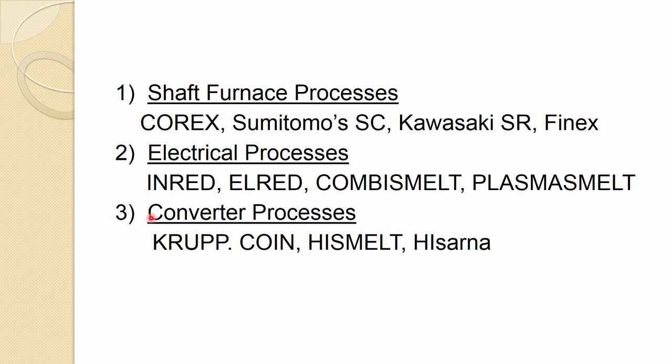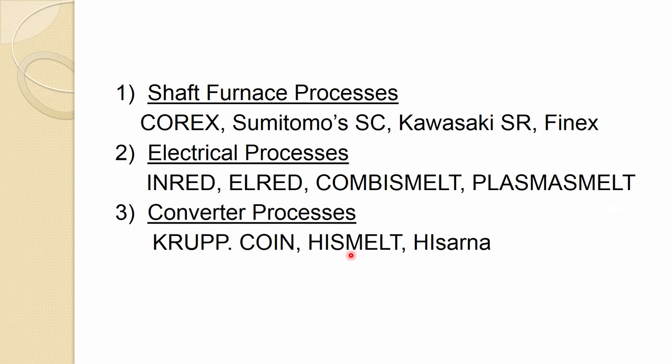And the third type is converter process, where you have a single sort of converter in which the smelting occurs. So, Krupp, coin, high smelt and high Sarna, these are the processes which come under these.